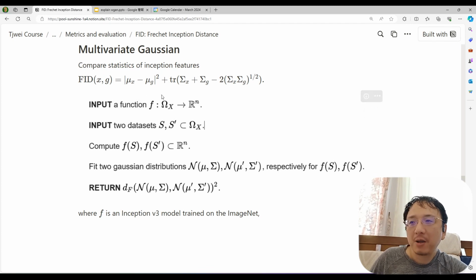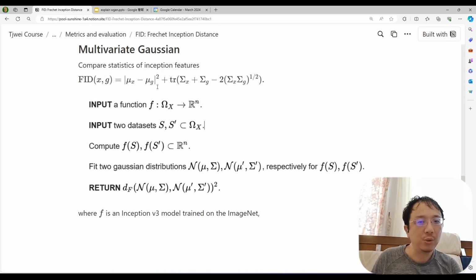So we give the images. In the standard way, we have 50,000 images taken from the training dataset, and we have another 50,000 images that are generated by our model.